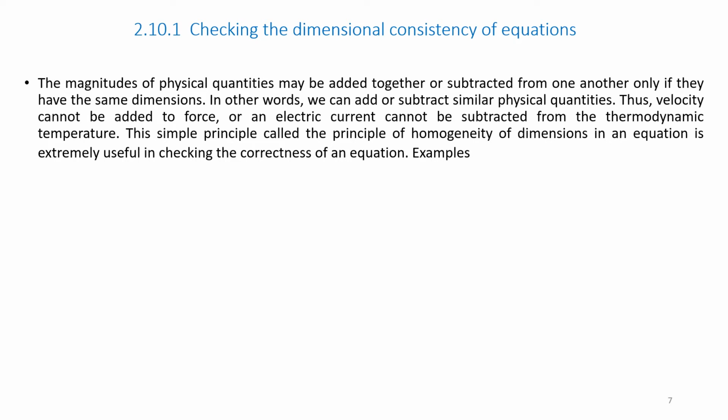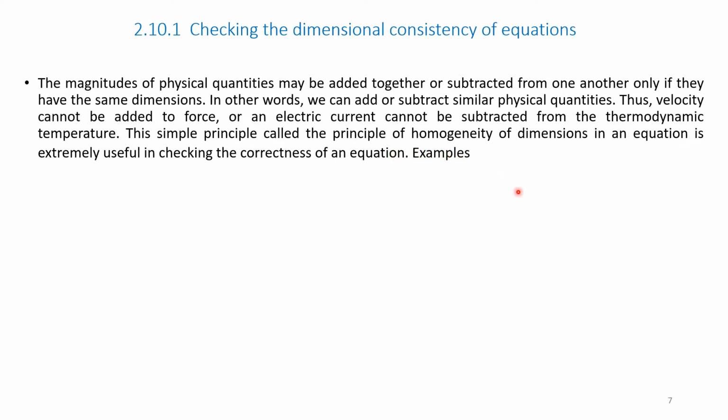In other words, we can add or subtract similar physical quantities. Thus, a velocity cannot be added to a force. Velocity can be added to velocity only, and force can be added to force only. An electric current cannot be subtracted from thermodynamic temperature.